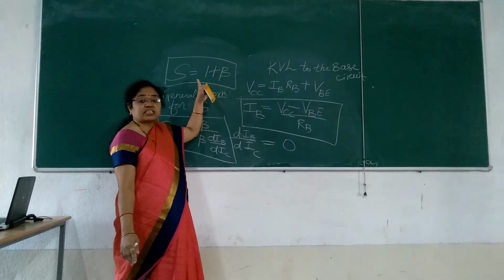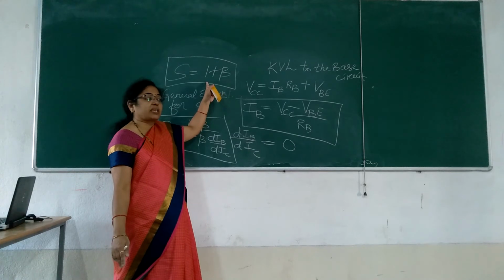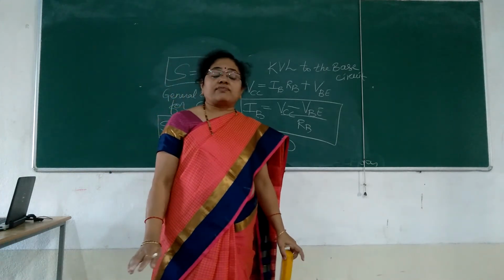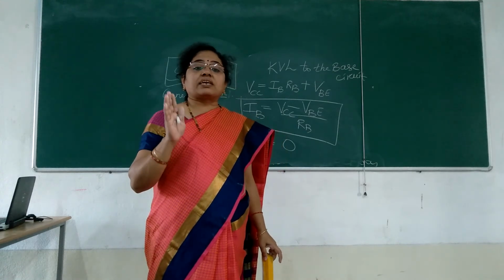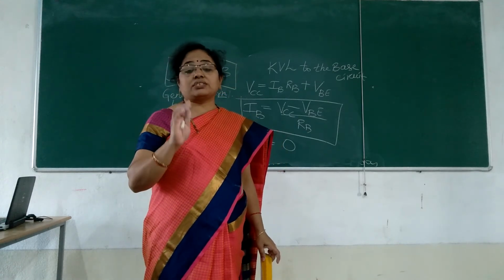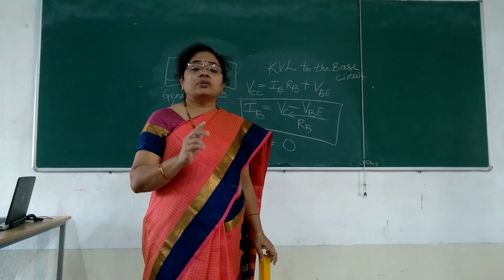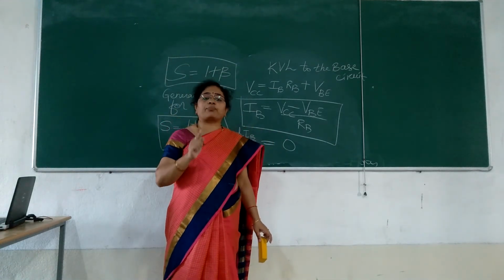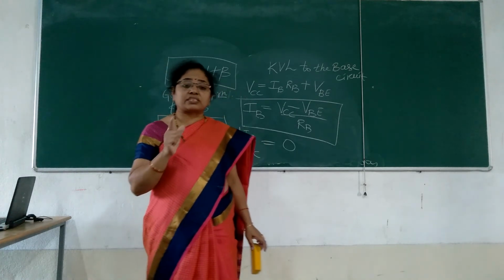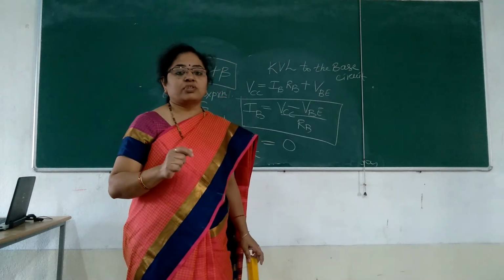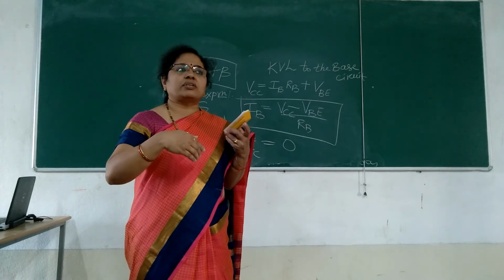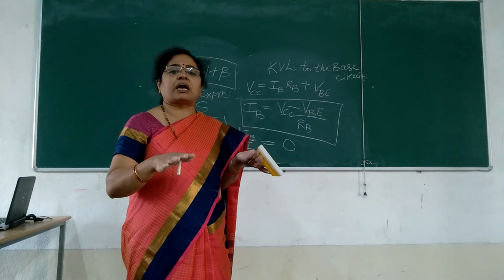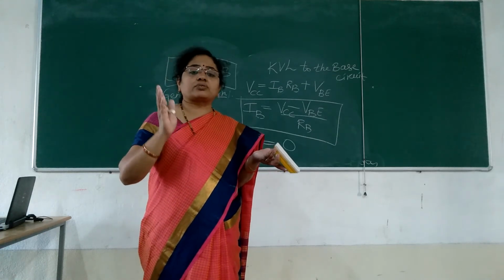Since the stability factor is very high, fixed bias is not a circuit which is going to provide good biasing and stabilization. This is the conclusion we draw. For proper operation of the amplifier circuit, the stability factor should be low, in the sense that we need not go for much stabilization, as the operating point is already fixed.